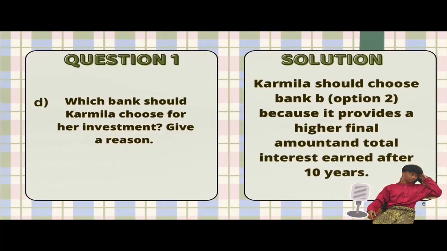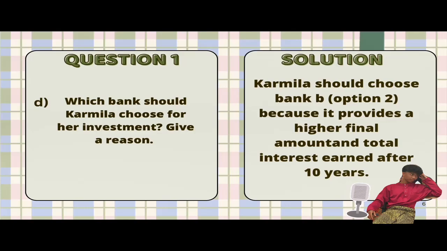Thank you, Ain. Hi everyone, I will proceed with the next question, which is question D. Which bank should Carmilla choose for her investment? Give a reason. Carmilla should choose Bank B, option 2, because it provides a higher final amount and total interest earned after 10 years.